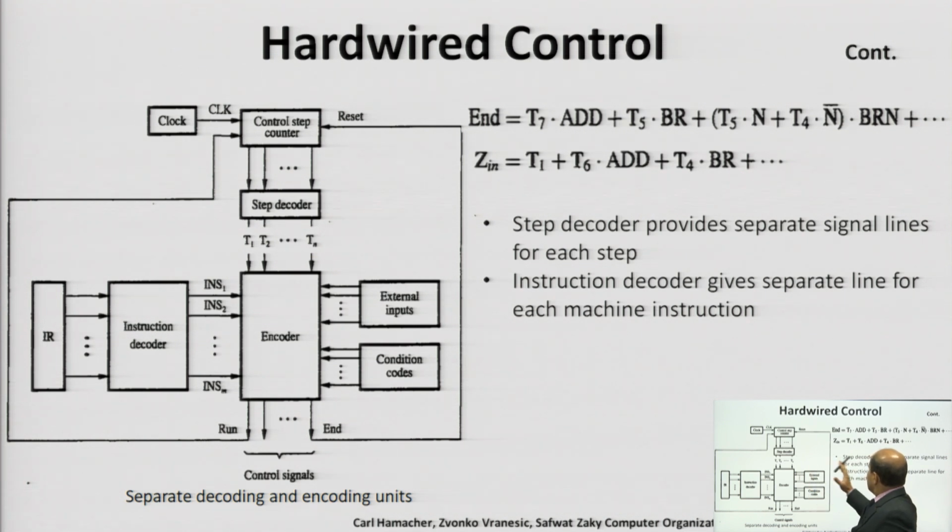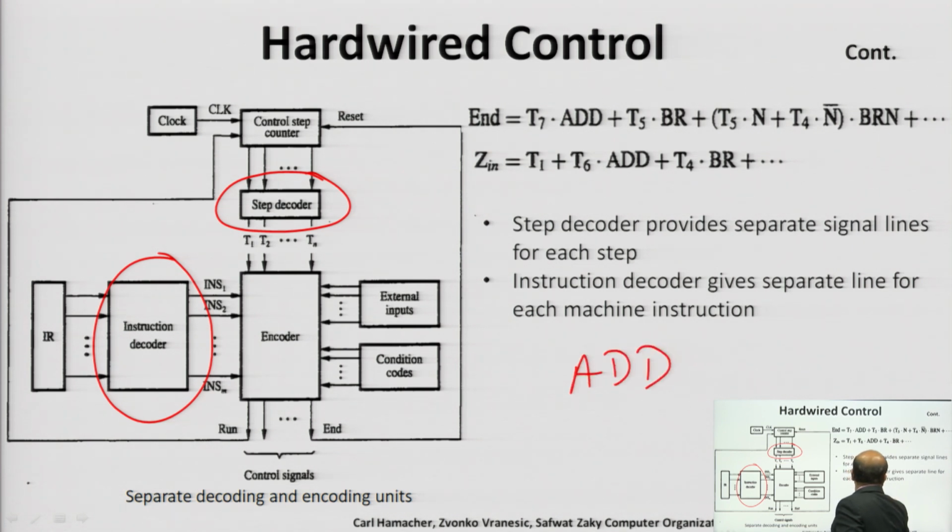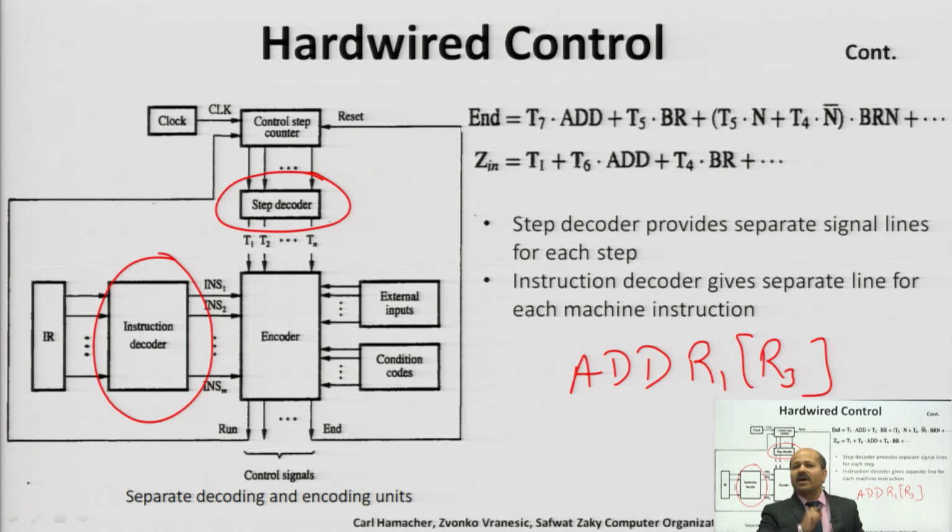Here a few more components are added. You can see the step decoder provides a separate signal line for each step. So, this particular unit, the step decoder, will separate the lines for each step, and the instruction decoder gives a separate line for each machine instruction, because to execute the instruction ADD R1, R3, several micro instructions or machine instructions are to be issued by the system.